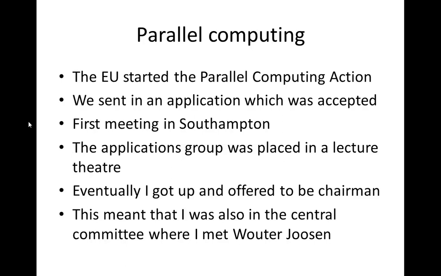So they started what was called the parallel computing action, the idea being to put a transputer system at relevant universities in Europe. And we sent in an application, and that was accepted.